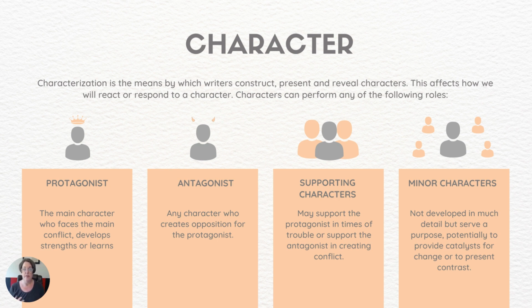That is the person who faces the main conflict, the main problem, the challenge that needs to be overcome. Somebody who develops strengths or learns lessons. Then there is the antagonist, and that is usually any character who creates opposition for the protagonist, for the main character. We also have supporting characters as well as minor characters.